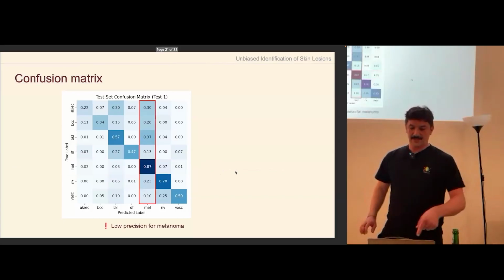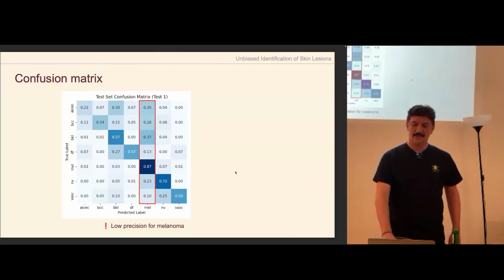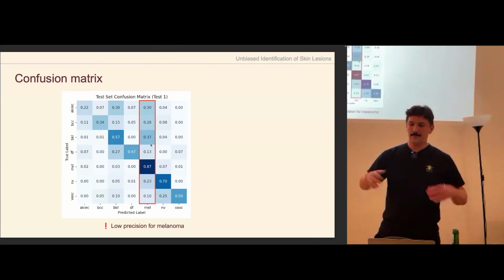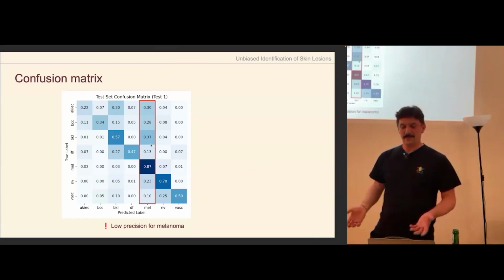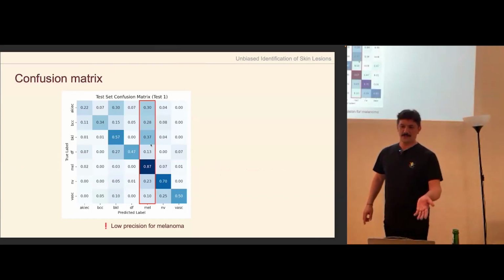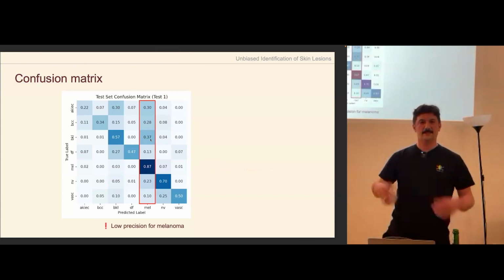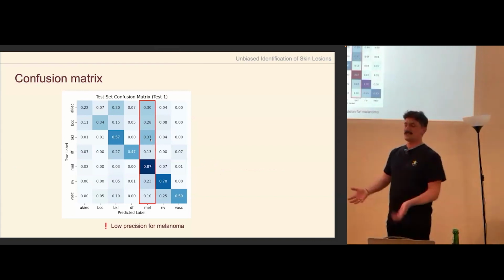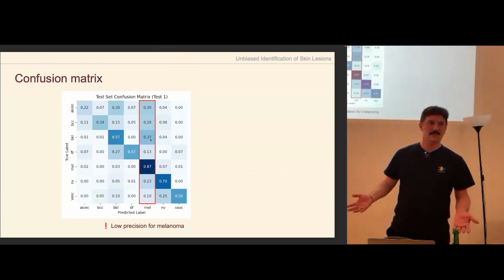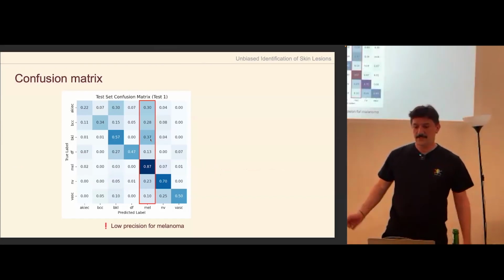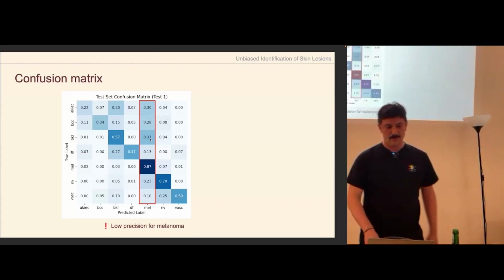On the other hand, if you look at the so-called precision, which is how often images were predicted as being melanoma that were not melanoma, the model did not perform very well. As you see here, for instance for this class, in 37% of the cases it classifies that this is melanoma, although it's not. And this is something that you don't want in a clinical setting, right? You don't want to have false alarms. So this is something that needs to be worked on.